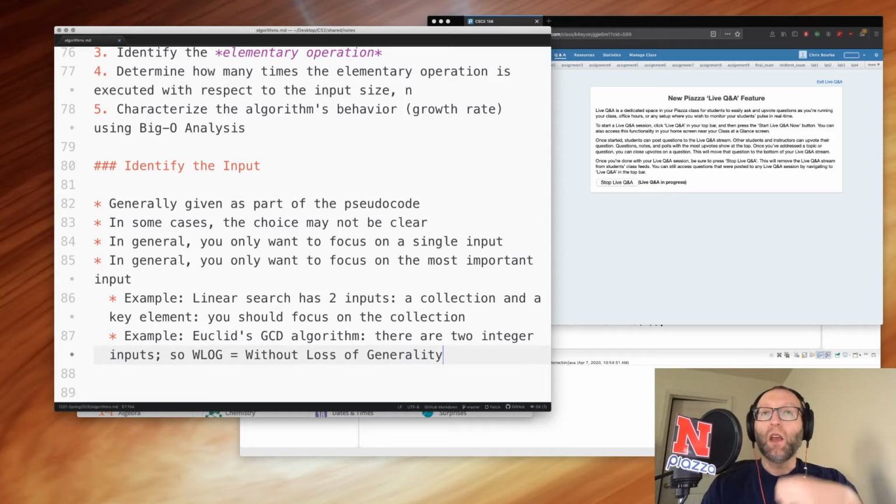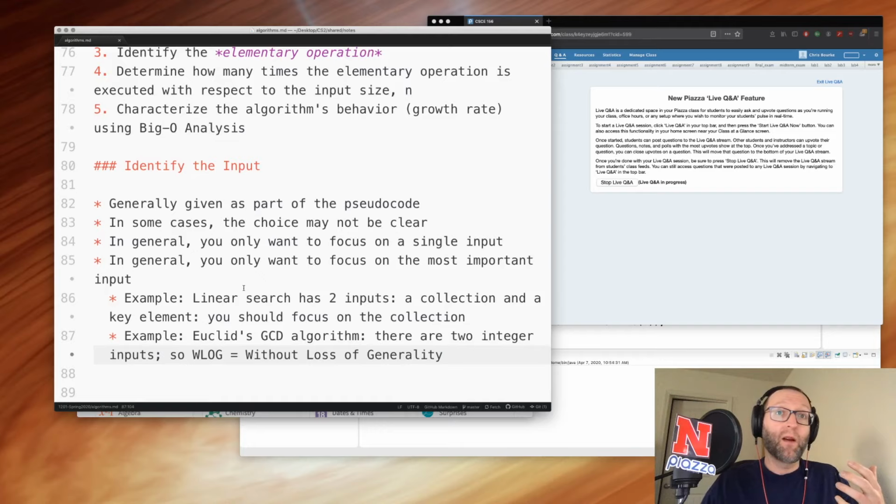In other words, you're going to be making an assumption that is going to simplify your argument, is going to simplify your analysis, but that assumption is not going to kill your analysis. The analysis that you're going to do is still going to be applicable generally to the problem as a whole. In other words, that assumption is not going to simplify it so much that all analysis goes away.